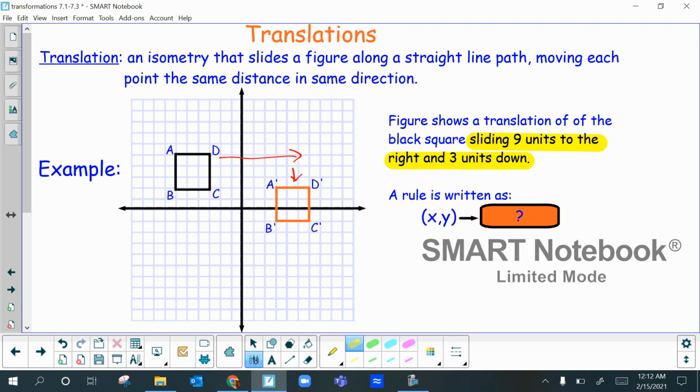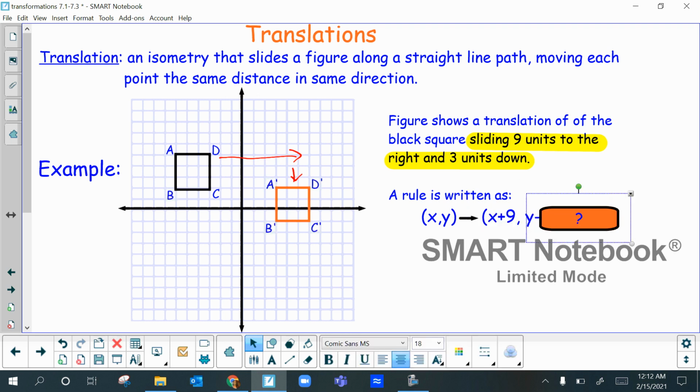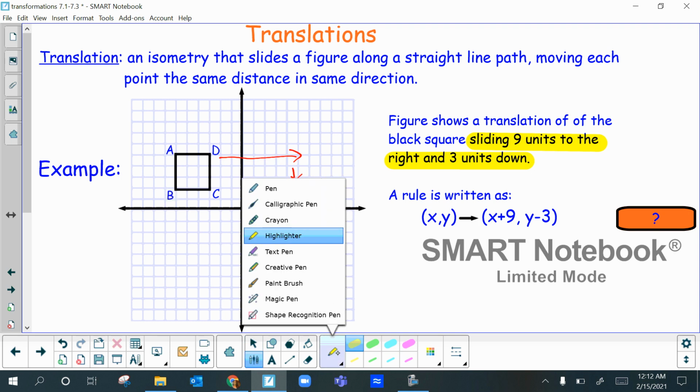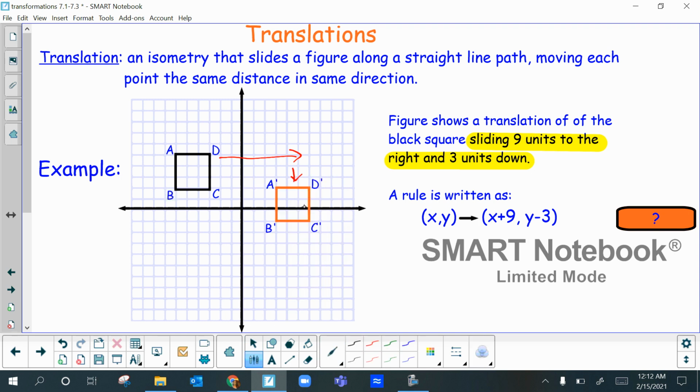So what you're going to have to do is write a rule of this type of transformation, or this translation. And so you're going to say (x, y) maps onto, and then in this case, since it's moving 9 to the right, we're going to add 9 to x and then subtract 3 from y. And you can easily see that by a coordinate. So if you look at C, C is at (-3, 2).